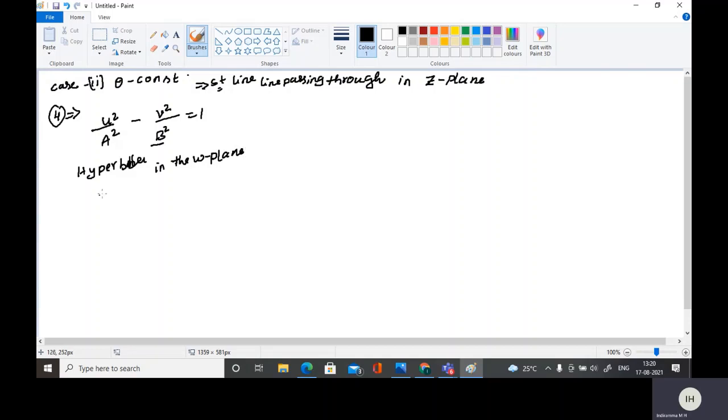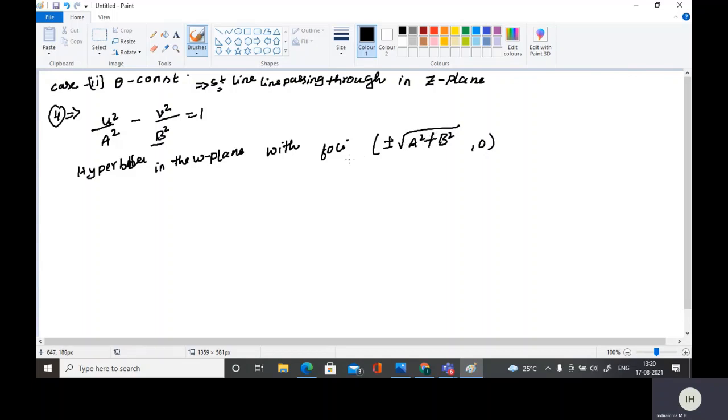With foci plus or minus square root of a square minus b square comma 0. What is a? A is 2 cos theta and b is 2 sin theta. But it is a hyperbola, right?